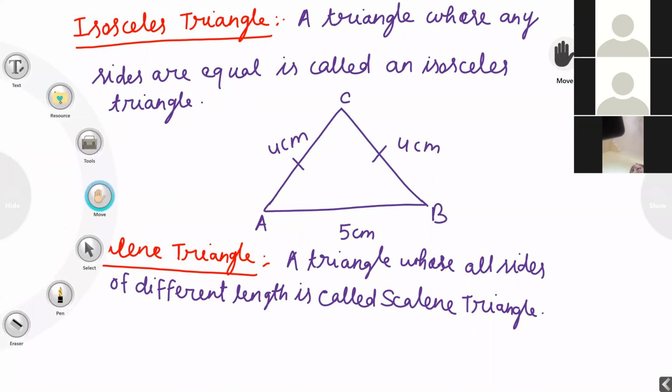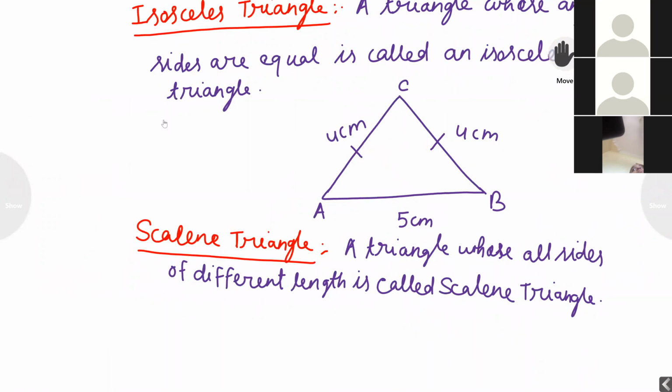Whatever triangle they have given, if all sides are different, that is called scalene triangle.